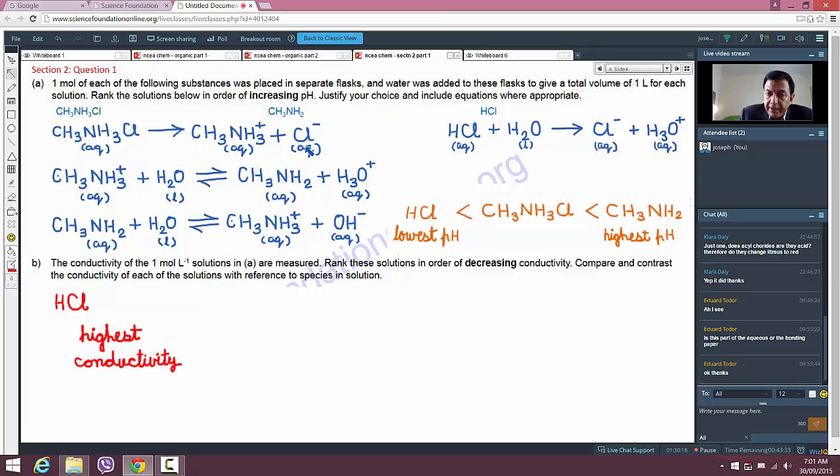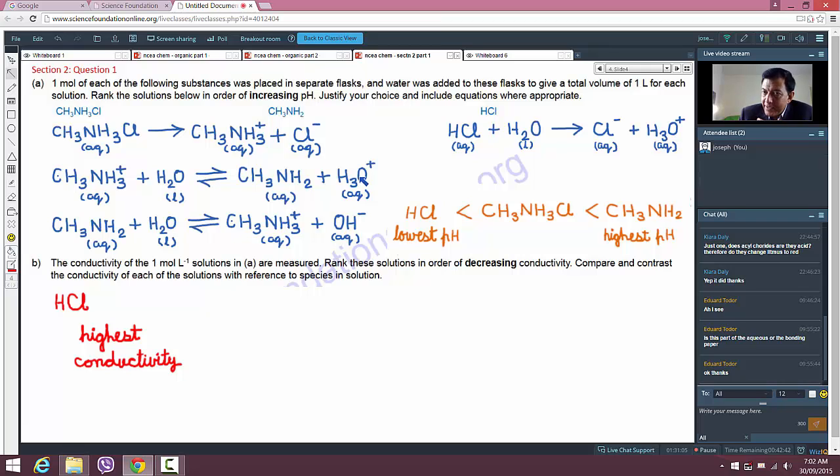There are also Cl minus ions produced when it dissolves. So up to now it's a bit like the HCl. Up to here they are the same, so you'd expect to have the same conductivity. Except for the fact that not all the CH3NH3+ stays like that. Some of it dissociates to become CH3NH2 and H3O+. So look at what happens. You get 2 moles of ions here, and some of these ions react with water, but that's not a problem, because for each of these ions that reacts, it produces another ion, H3O+.